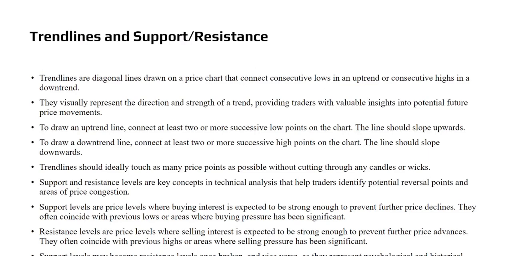So ideally, your trend line should touch as many price points as possible without cutting through any candles. I'm not exactly going to agree with that. I like mine super tight, right on the bodies, personally. That's just how I do my charts. Not everybody does it that tight.